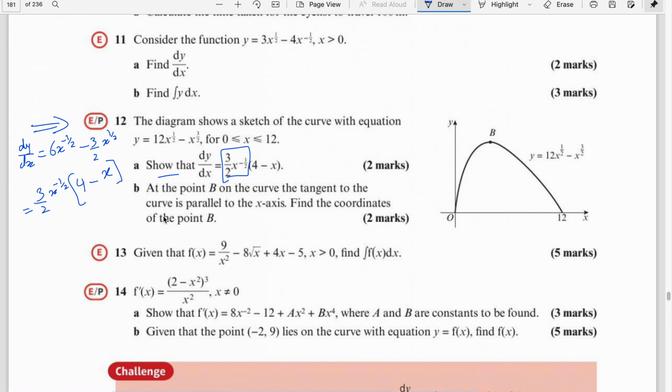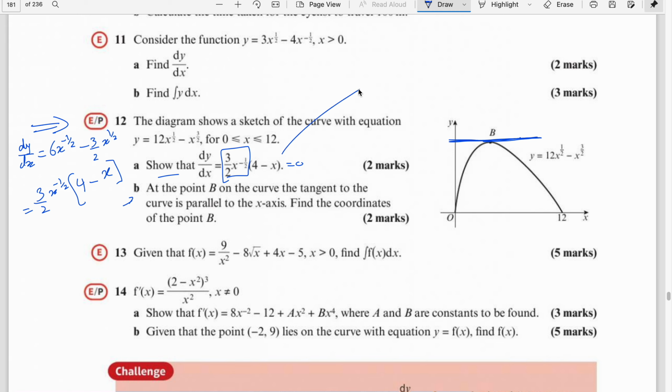So that's shown. B part says at the point B on the curve, the tangent to the curve is parallel to the x-axis. This point right here, if it is parallel to the x-axis, that means it is also the turning point. Find the coordinates of B. So when it is parallel, gradient is 0. We already have the gradient, so we can equate it with 0.